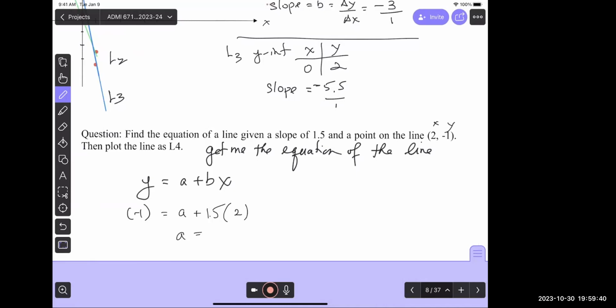So let me take a step back. This is -1 equals A plus 3. So A is equal to -4. So Taylor got that right. Now A is equal to -4. So then Y is equal to -4 plus B, which is 3/2 or 1.5, X.